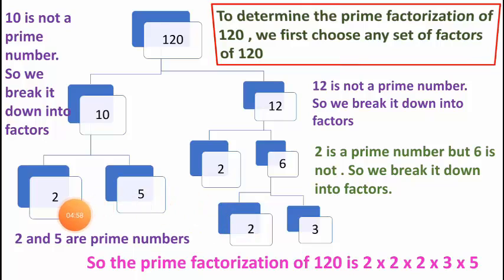We will write it as 2 multiplied with 2, multiplied with 2, then multiplied with 3 and multiplied with 5. So you can see we have three 2s, one 3 and one 5 in the prime factorization of 120.